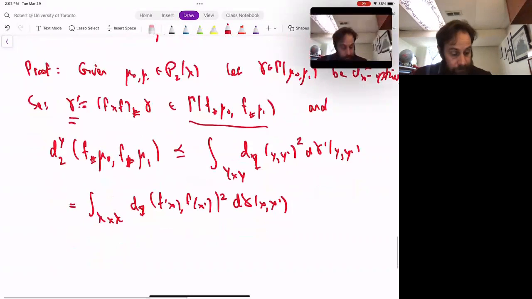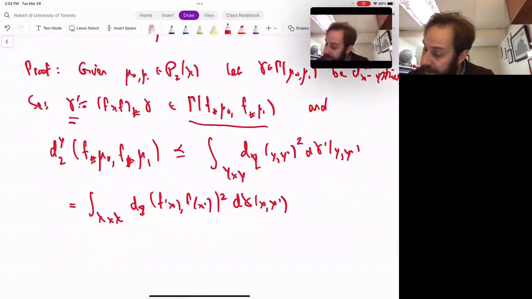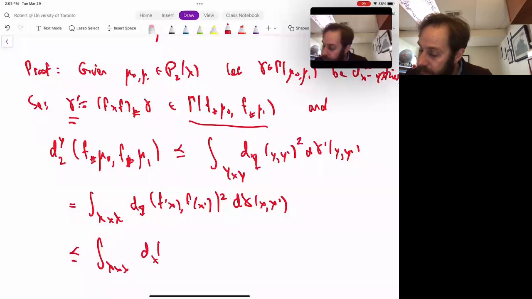And so now I use the fact that F is an R isometry. So this is less than (d_X(x, x prime) plus R) squared d gamma(x, x prime).